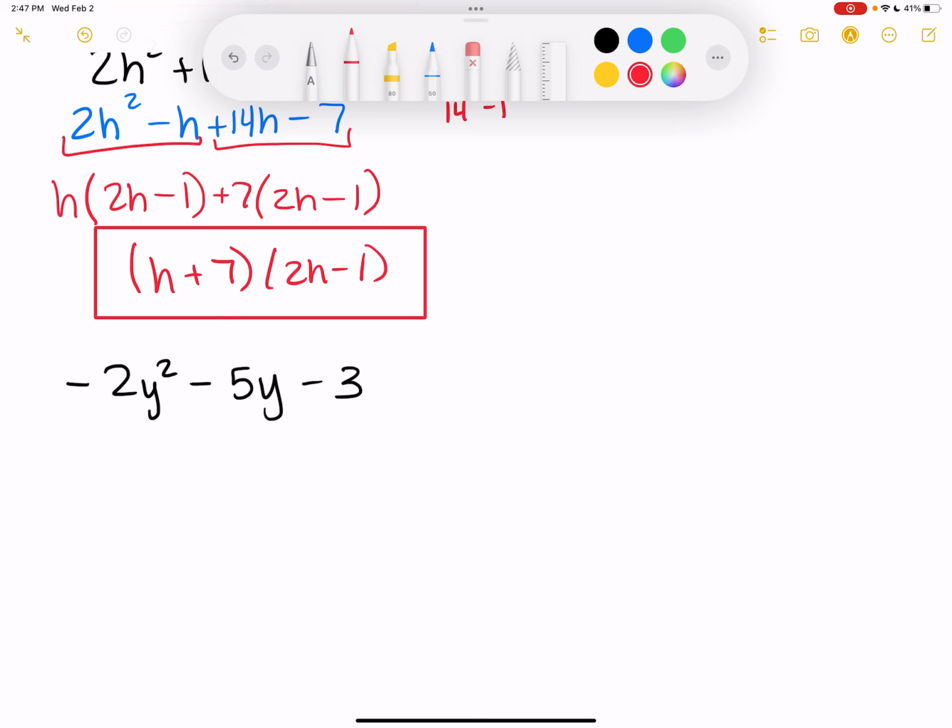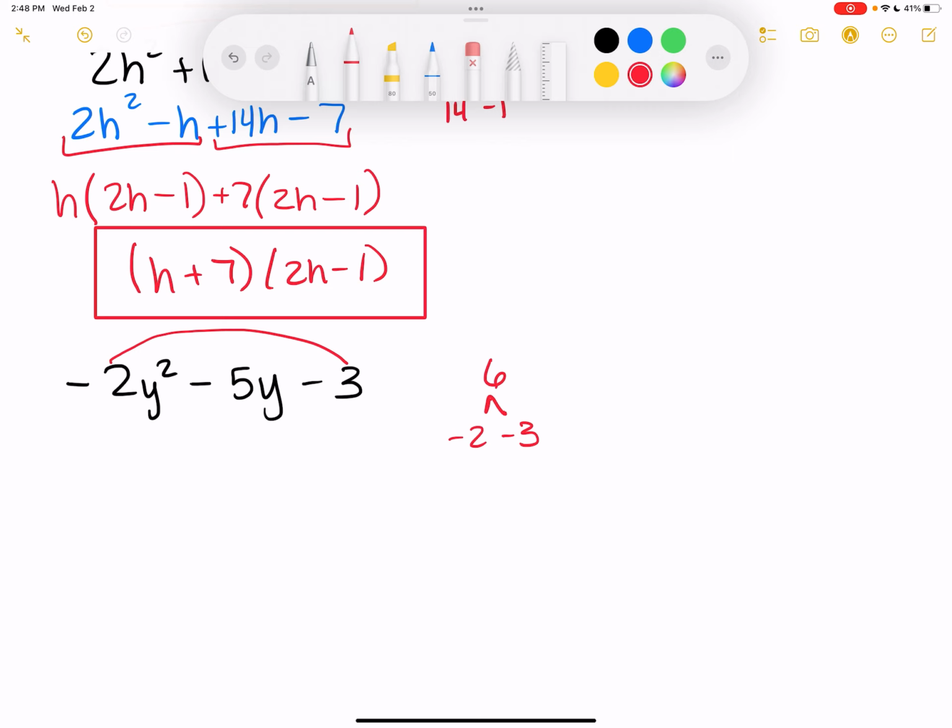So, arch method, -2 times -3 is going to be +6. Need factors that give me -5y. Negative 3 and negative 2. Would just be negative. Yeah, that'll work.